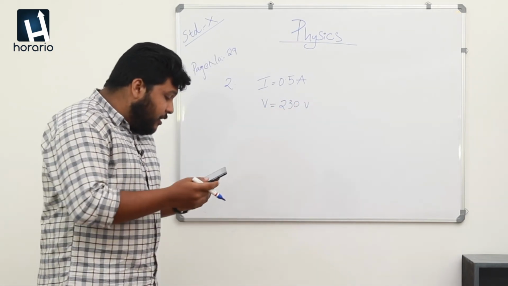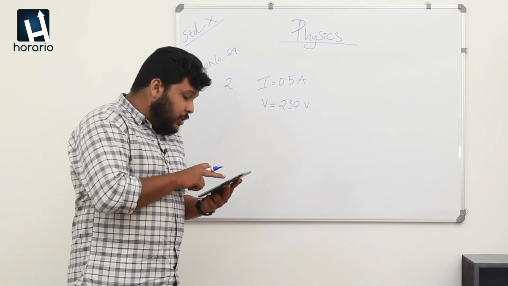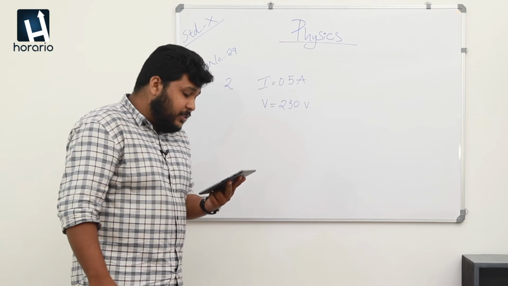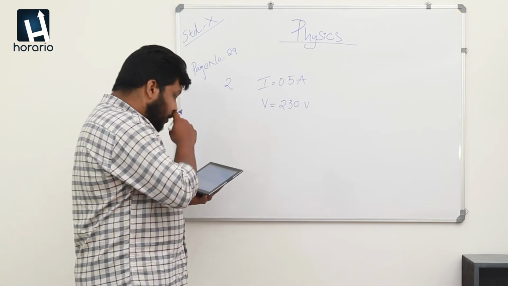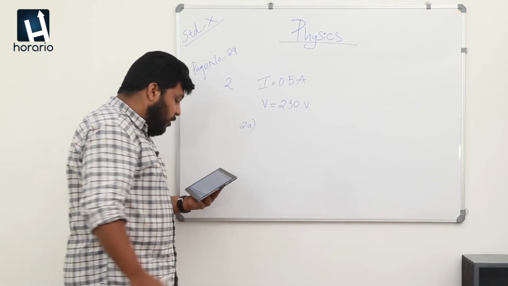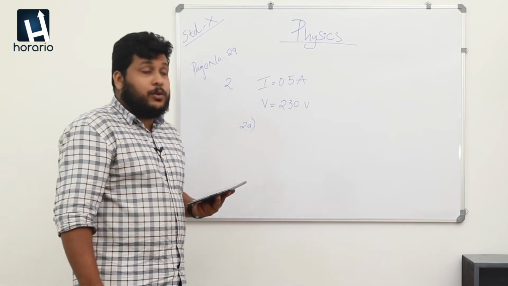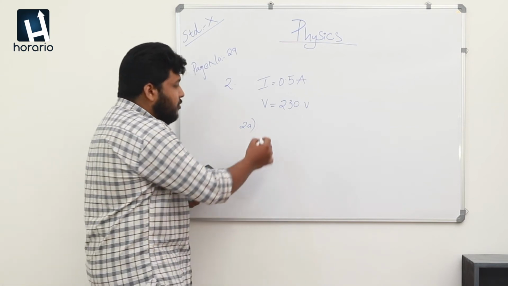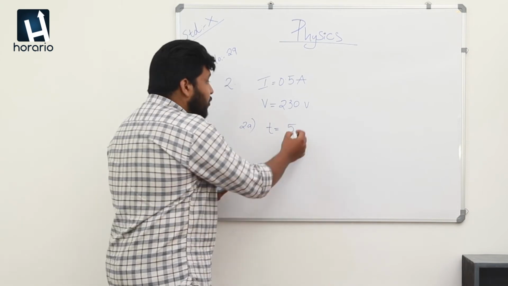Okay, and the question below that, the A question says that the quantity of charge flowing through the circuit in 5 minutes is, which means in question 2A, we want to find what is the charge flowing through this circuit for 5 minutes. So, here the charge flow is taking place for 5 minutes.